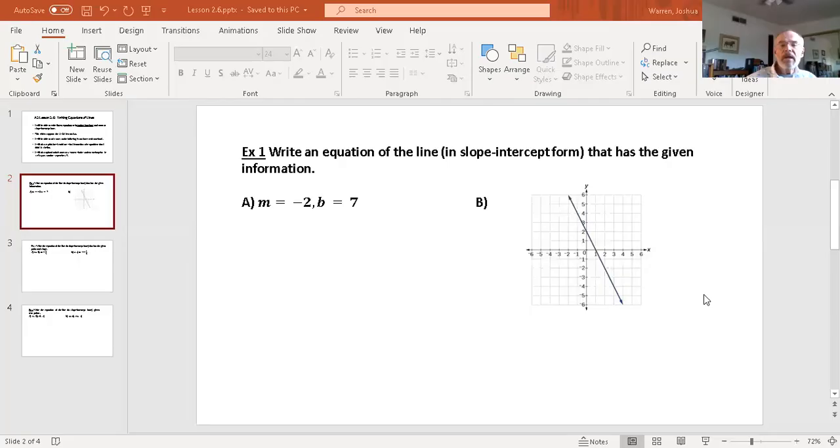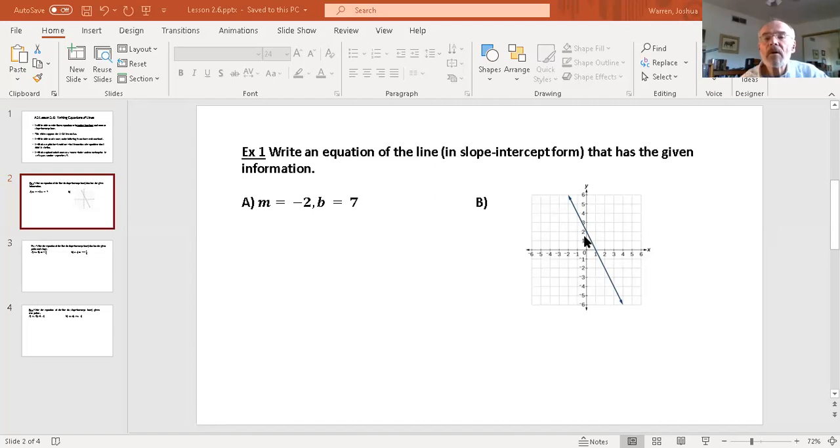So for B here, we've got an example of a graph. Now the graph, if you'll notice, has a y-intercept. This line crosses the y-axis where x is 0 and y is 2. So your b is 2.